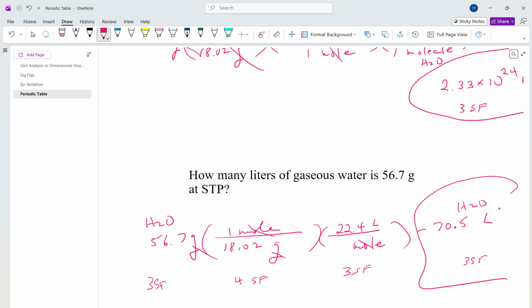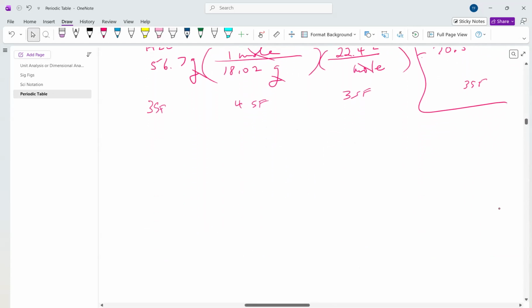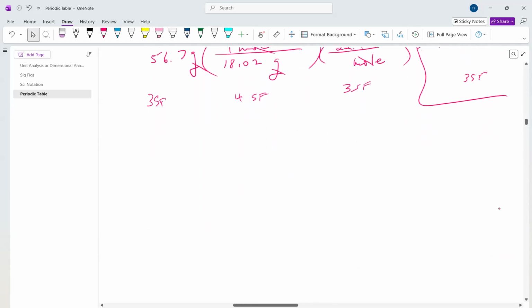Now we need to practice. Well, let me show you one more thing. What we're doing now, there's a fancy name for it. It's called stoichiometry.